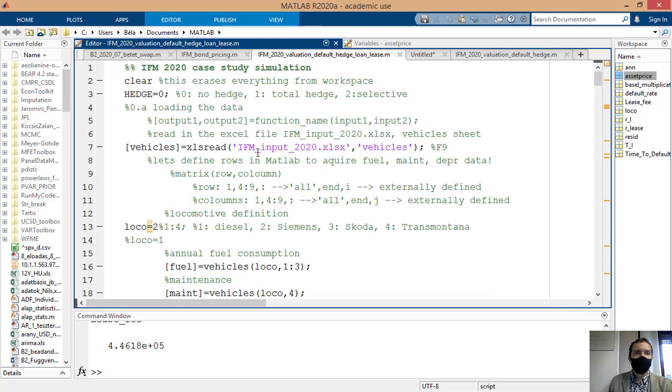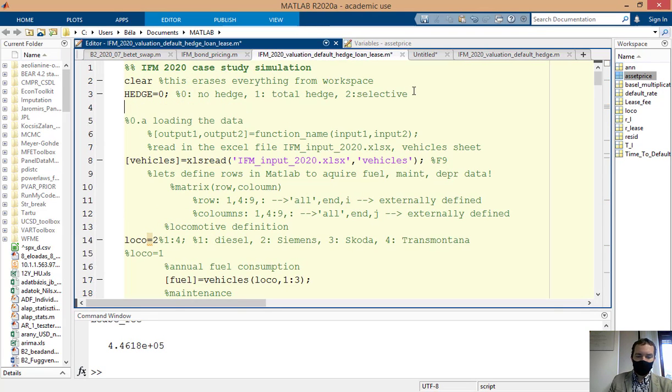Then we have to put a lease indicator here.